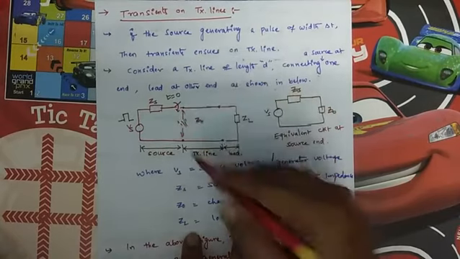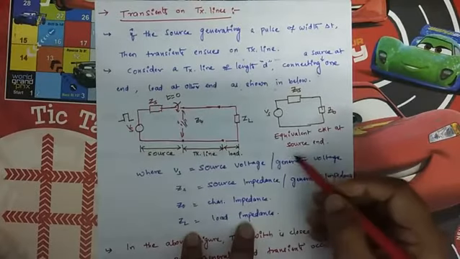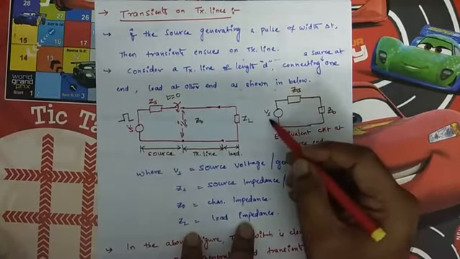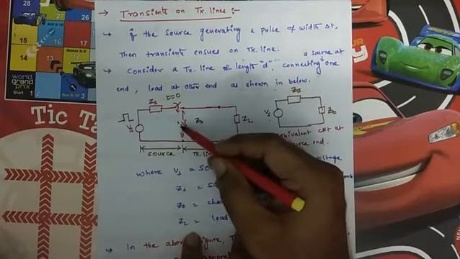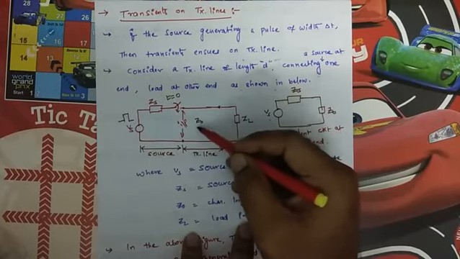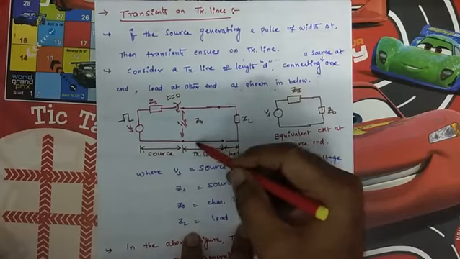Now at this point, the equivalent circuit of the source and the transmission line will be like this. The equivalent circuit at the source end contains the source and source impedance, and at this point the impedance will be the characteristic impedance. Z0 is the characteristic impedance, which appears at each point on the transmission line.